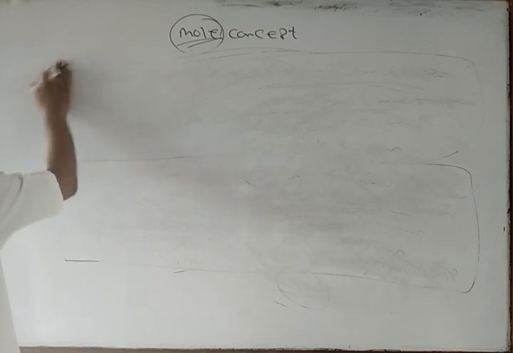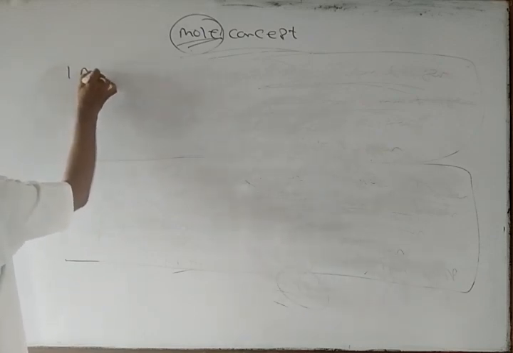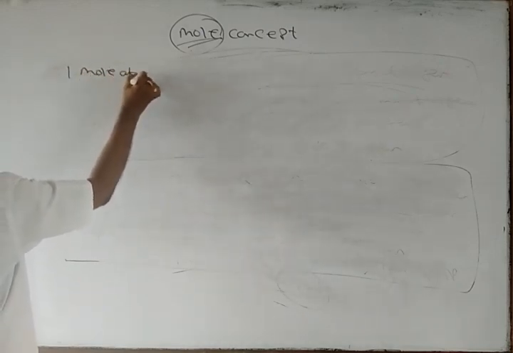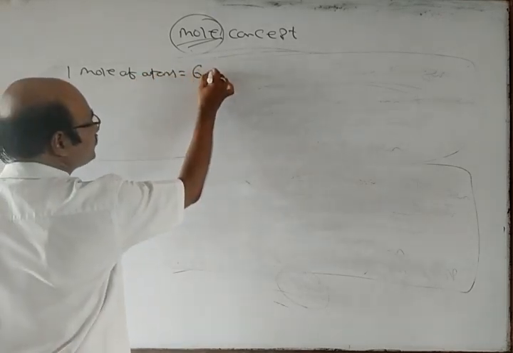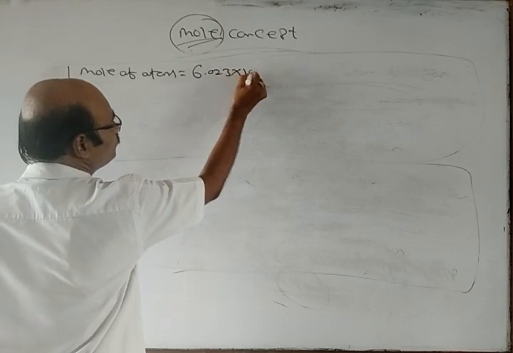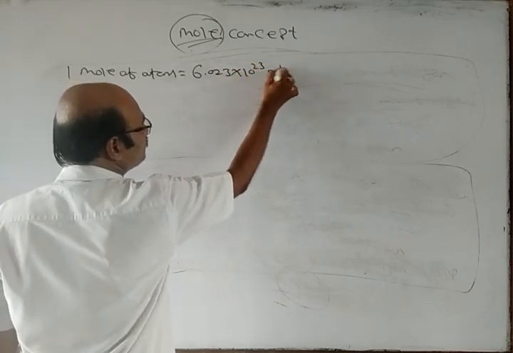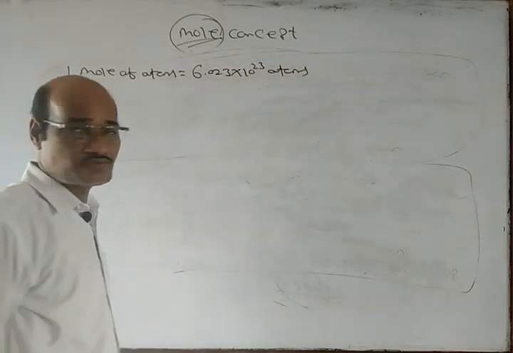So we know 1 mole of atoms is equal to 6.023 into 10^23 atoms.